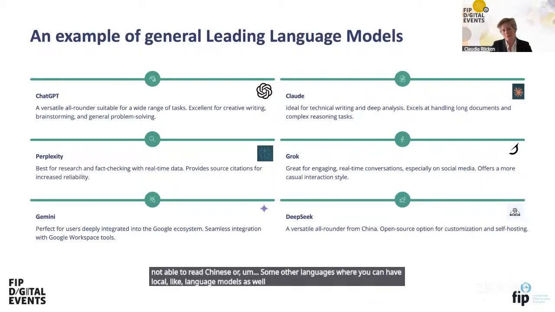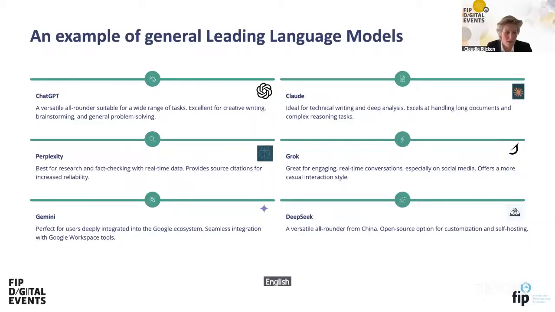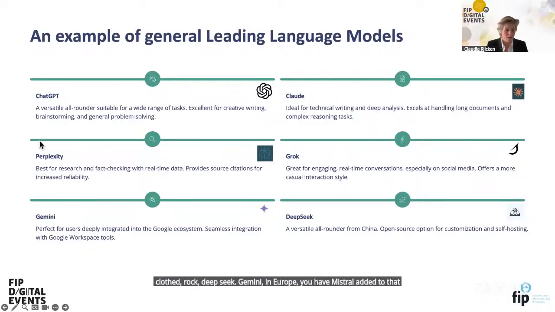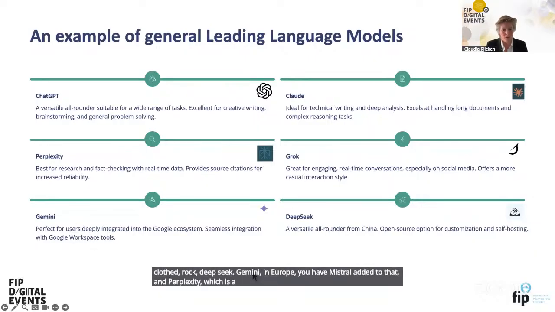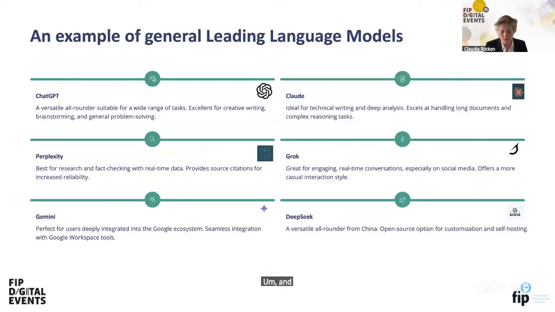The leading broader English-available models are ChatGPT, as you may know, Claude, Grok, DeepSeek, Gemini. In Europe, you have Mistral added to that, and Perplexity, which is a combination of some of them. And these models, these products, I should call them, all have different models.